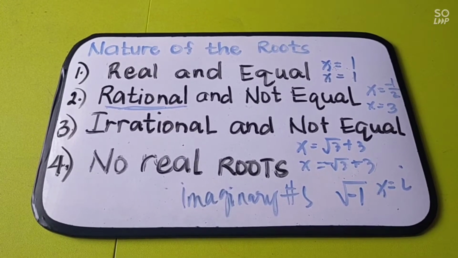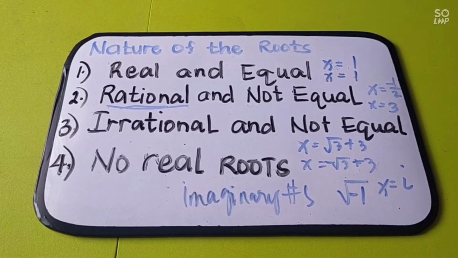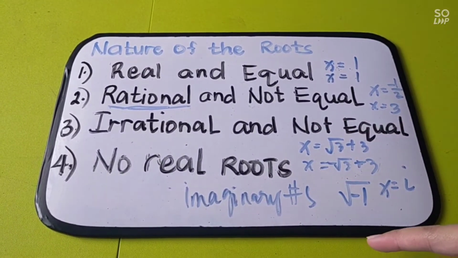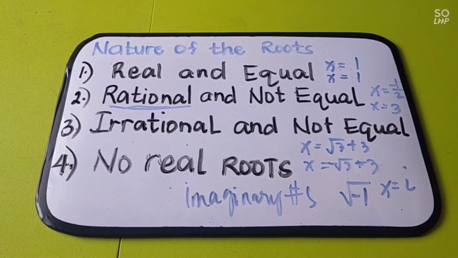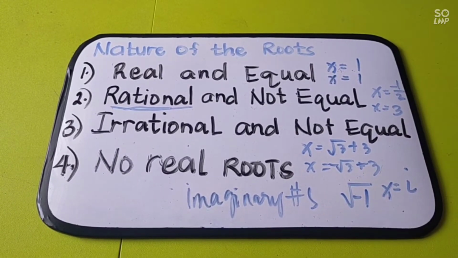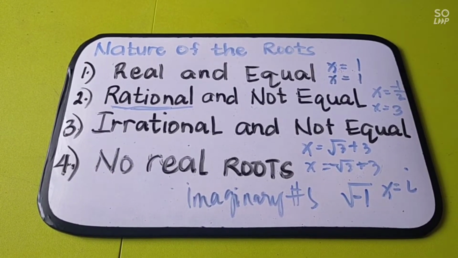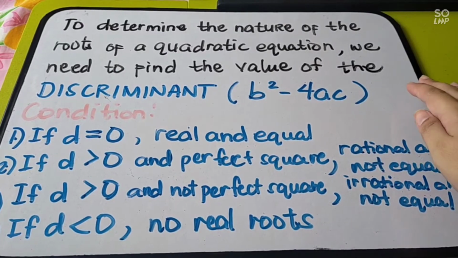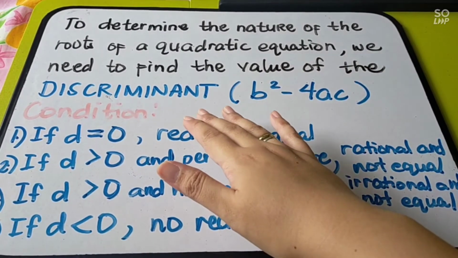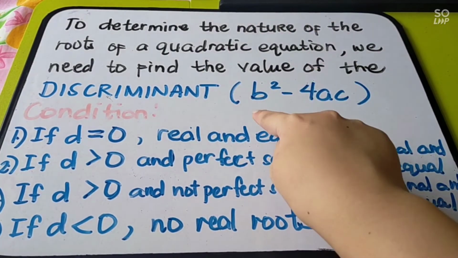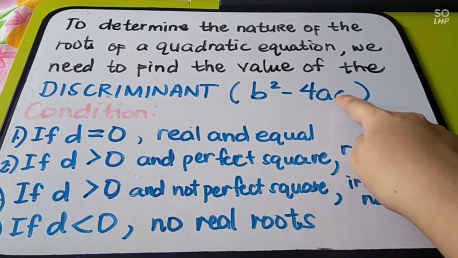Now, let us move on to how to determine the nature of the roots without solving your x's. Without solving your roots by using factoring, completing the square, and so on and so forth. To determine the nature of the roots of a quadratic equation, we need to find the value of the discriminant. So, the value of the discriminant is the expression b squared minus 4ac.